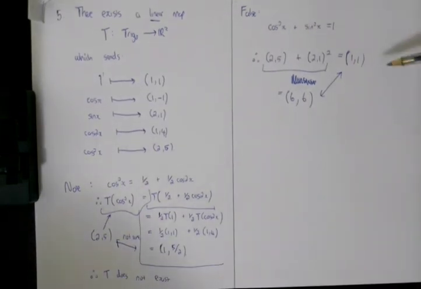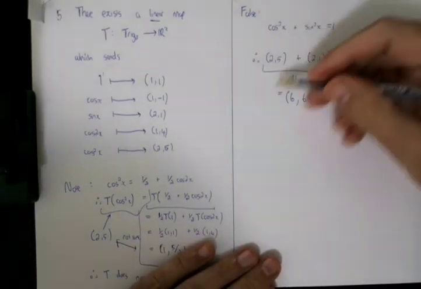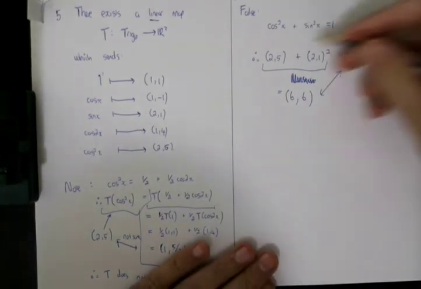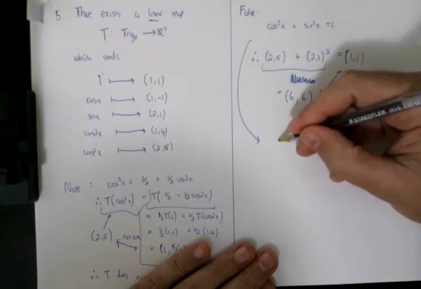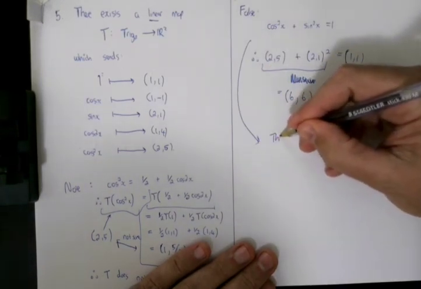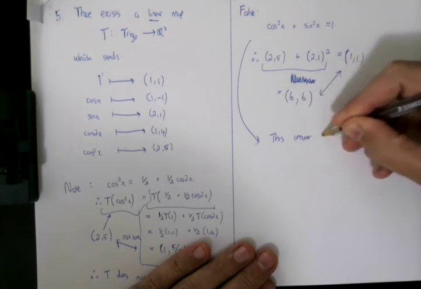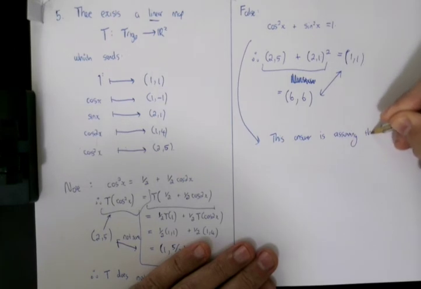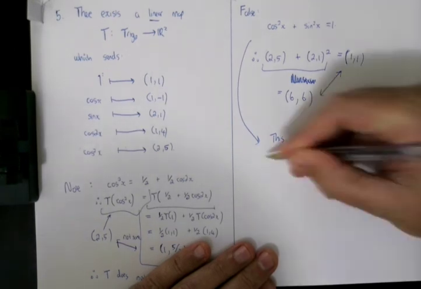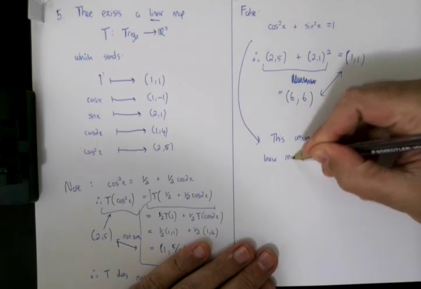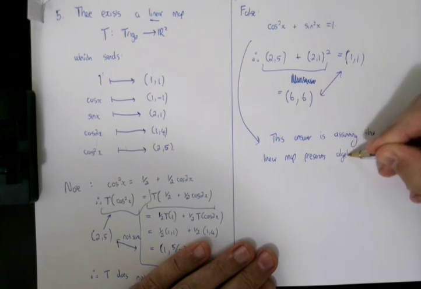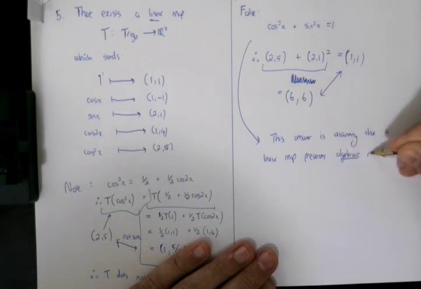Okay, what's the problem with this answer? Let me sort of write this answer out more neatly. What this answer is saying is that a linear map preserves algebraic relations and not just linear relations.